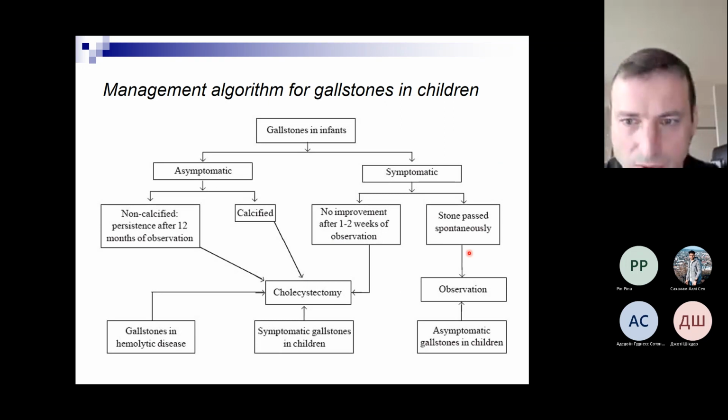If the stone passed spontaneously, only observation. If gallstones are present in hemolytic disease, or symptomatic gallstones in children, such patients need cholecystectomy. Asymptomatic gallstones in children, observation only.